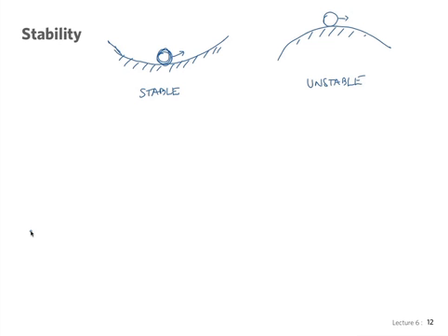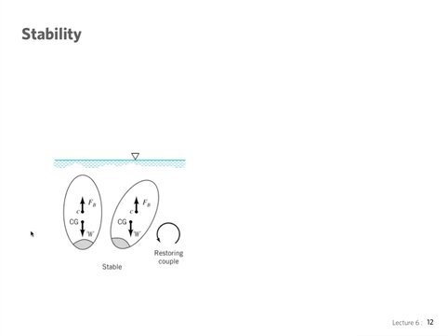So that is the same concept that we use for submerged bodies. In the case of submerged bodies, the situation is the following. We have the possibility of a rotation from equilibrium, from any position of equilibrium.